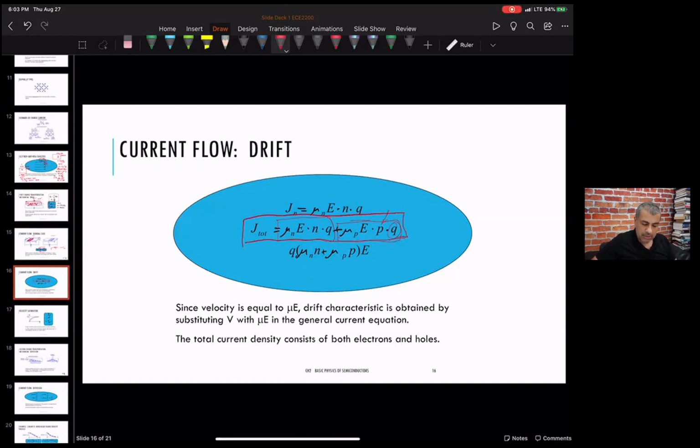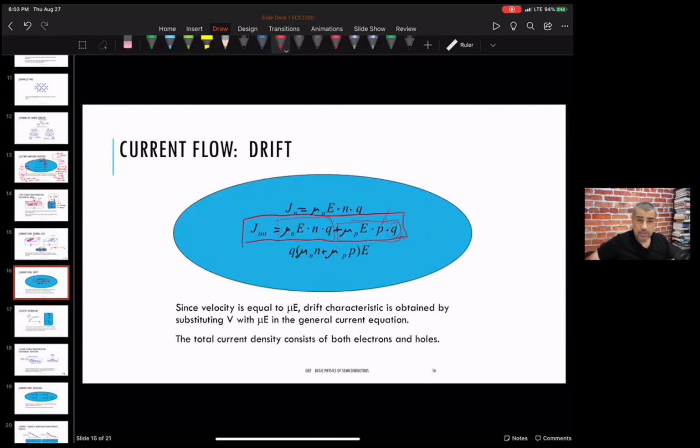And basically, what does this say? It says that the electron and hole carriers, because they're charged differently, react differently to the electric field, and they're basically adding with each other. So you end up with an electron drift current and a hole drift current, and you add them together.